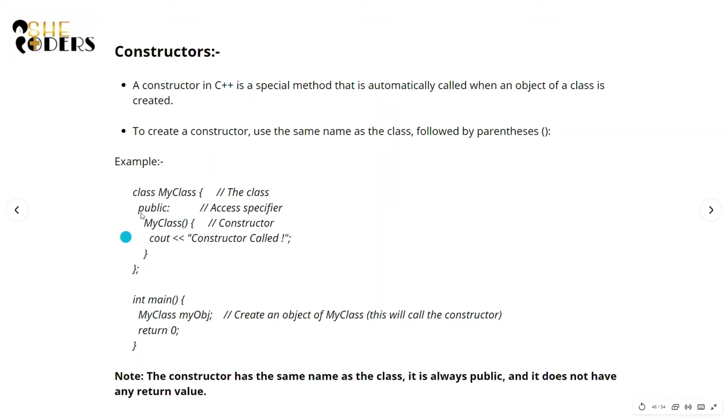Apart from the constructor, we also have another thing, that is the destructor, which helps in deleting the object after we are done with our work. After we create an object, the constructor gets invoked and does its work.